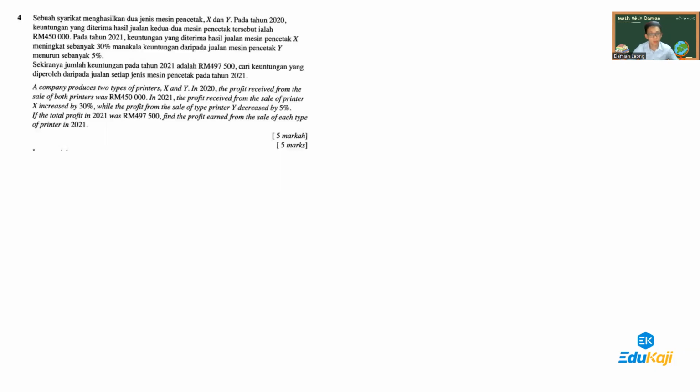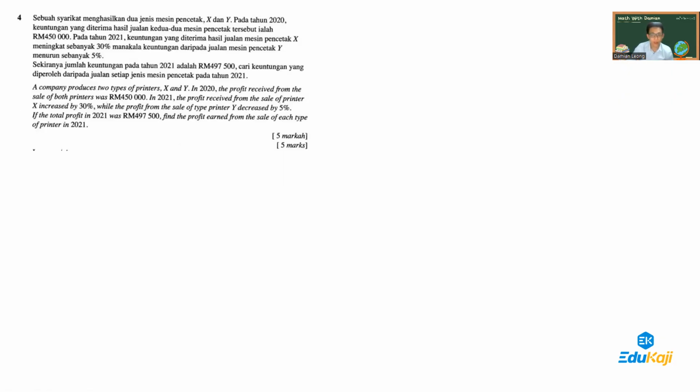Question 4. A company produces 2 types of printers, X and Y, in 2020. The profit received from the sale of both printers is 450,000 ringgit.